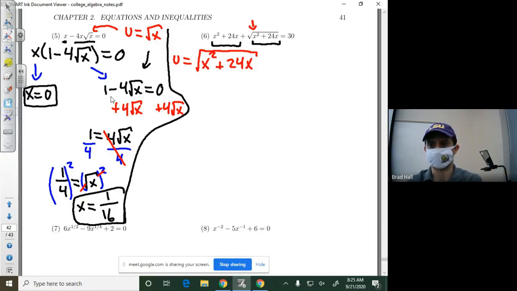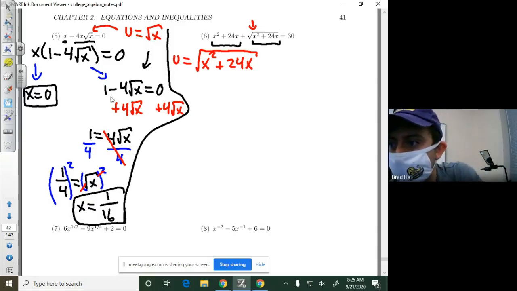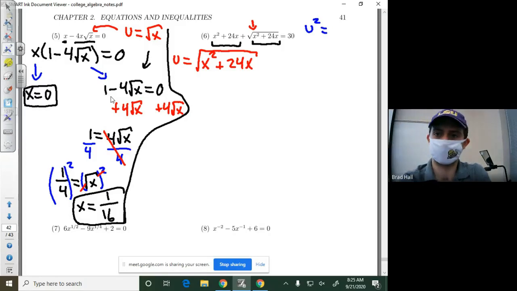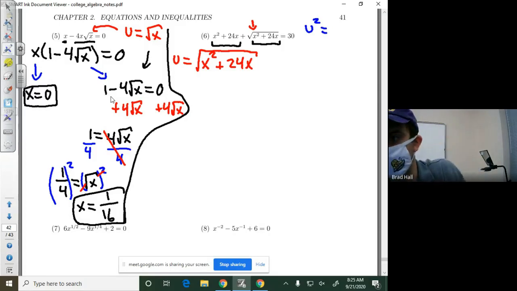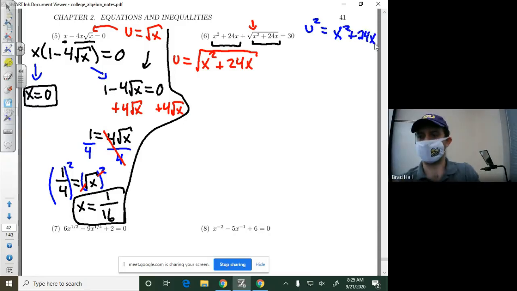I'm going to throw in the square root as part of the U, and this actually makes sense because if we were to square both sides, well, what's the square of a square root? Well, they cancel out. And notice you get exactly the term over here on the left. So it works out perfectly. One extends to the other quite naturally.